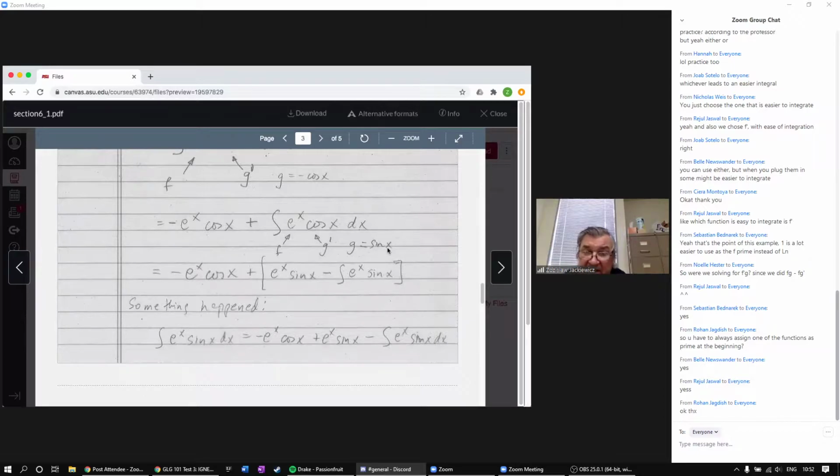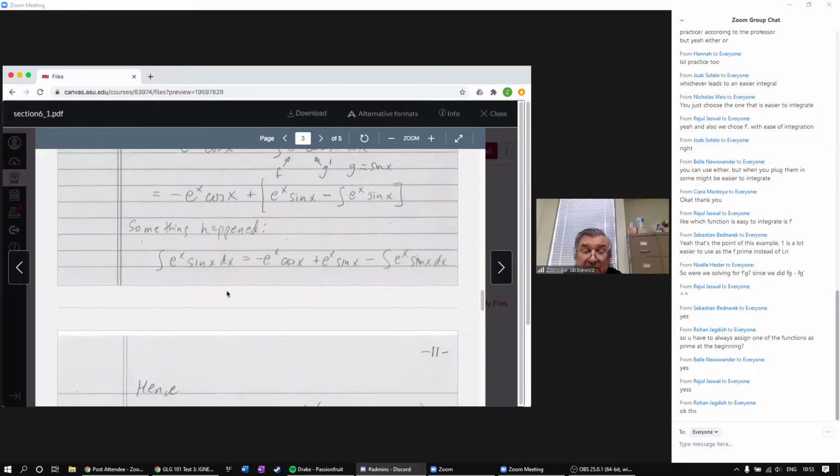So that's equal to, I repeat, minus e to the power x cosine x plus, and now fg, that is e to the power x sine x, minus, as part of the formula, the integral of f prime, which is e to the power x, and g is sine x, dx. So that's what we got.